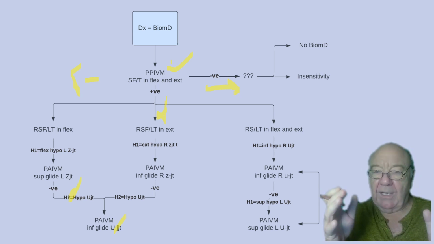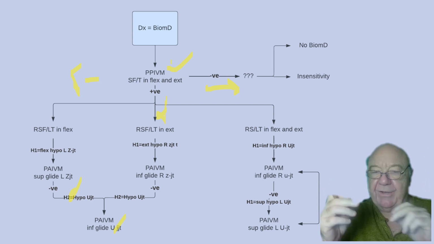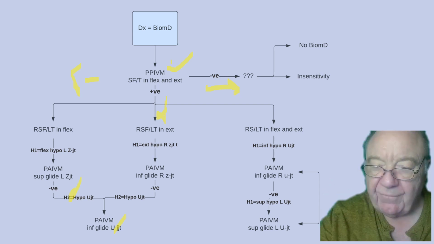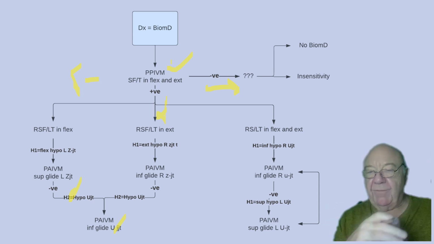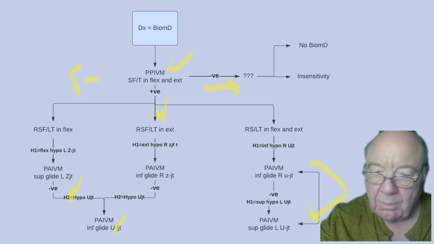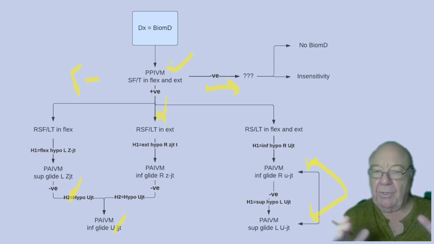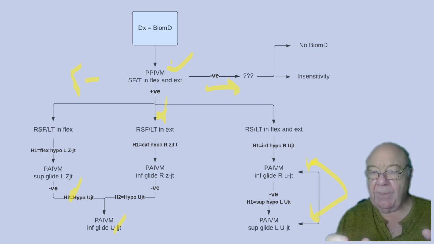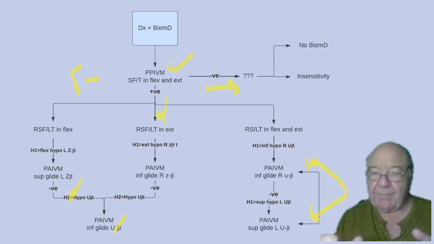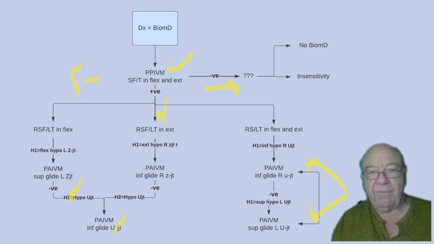So we'll check the inferior glide of the right uncovertebral joint. And if that's negative, we will then check the superior glide of the left uncovertebral joint. But these are interchangeable. You can make the first hypothesis the left joint unable to glide up, and do exactly the same thing. The PAIVM will then prove which one of the two it is.